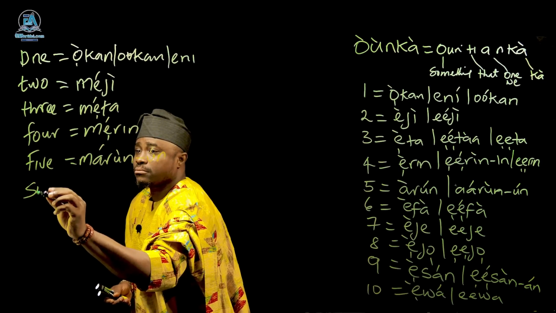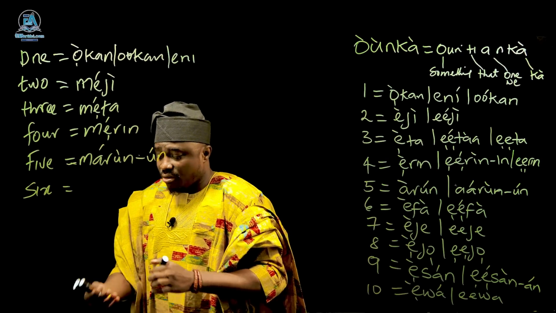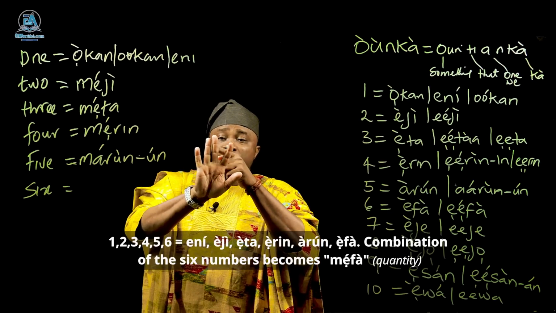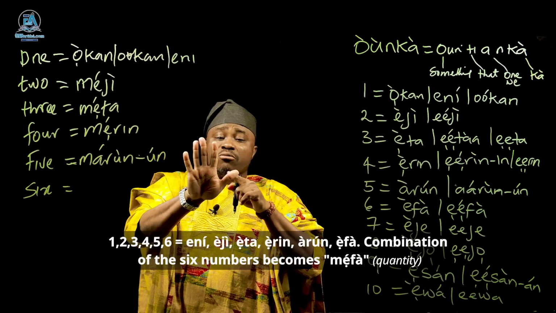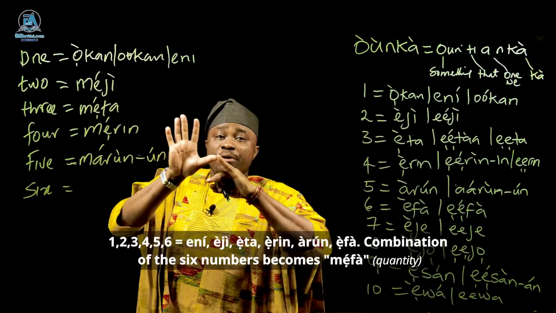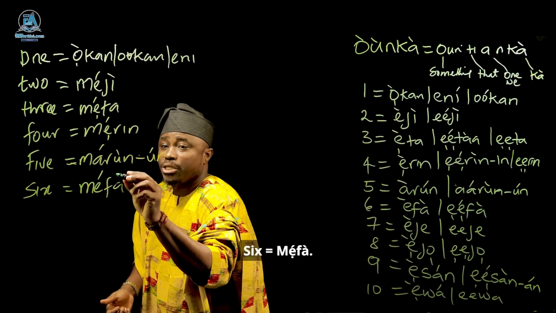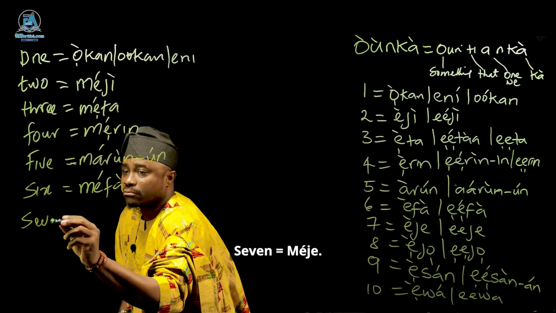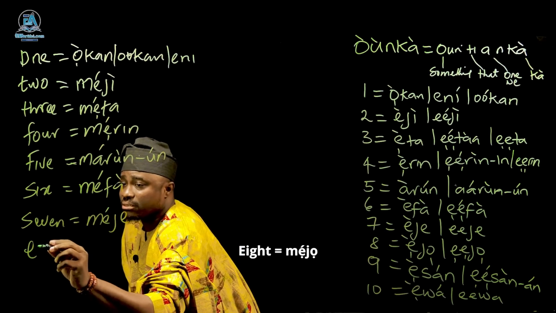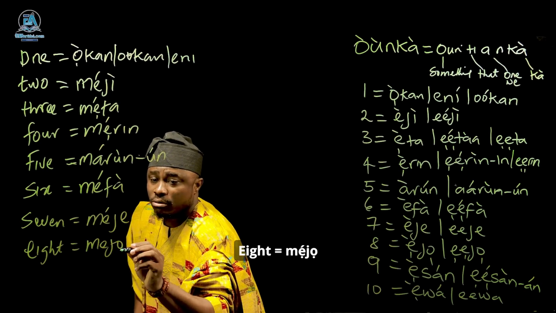Then six will become what? Because if you're counting, let's do a finger. So 1, 2, 3, 4, 5, 6 in Yoruba will be ení, èjì, ẹ̀ta, ẹ̀rin, àrún, ẹ̀fà will become mẹ́fà. Then 7 will become méje. 8 will be mẹ́jọ.